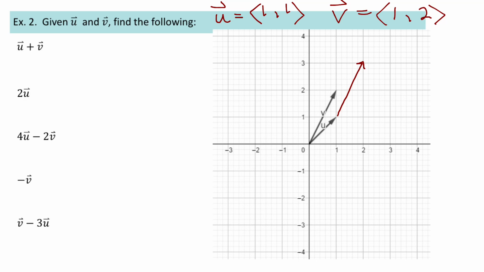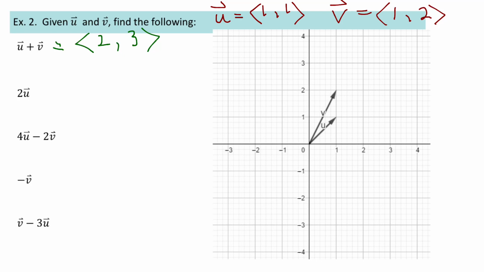Now I can draw in the vector U plus V starting at the tail of U like that. Alright, so now I can see the X component of the new vector is 2 and the Y component is 3. So that's the vector sum, the new vector U plus V.